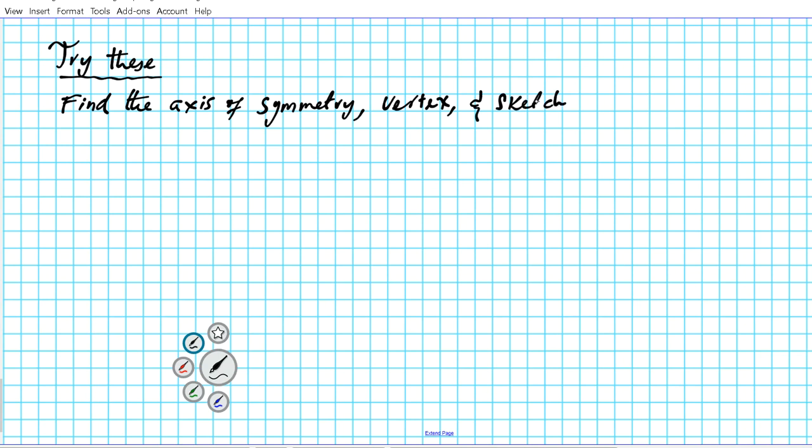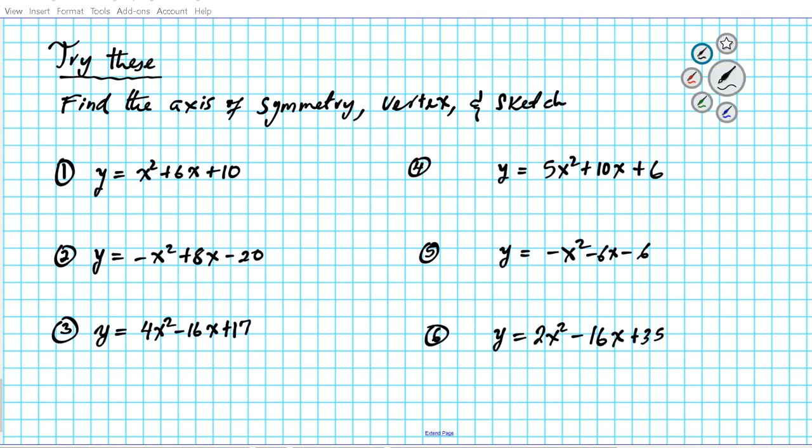It's just a sketch using the vertex and the axis of symmetry, and of course the opening. These are 6 practice problems we'd like you to try out. So go ahead and pause this video presentation at this time. Work on these problems. When you're done, click back on the play button, and then we're going to reveal what the answers are.